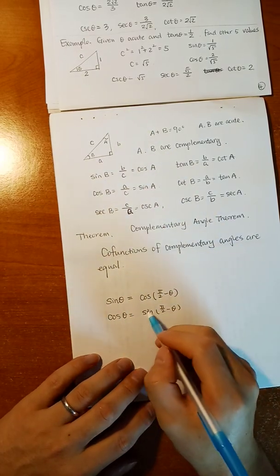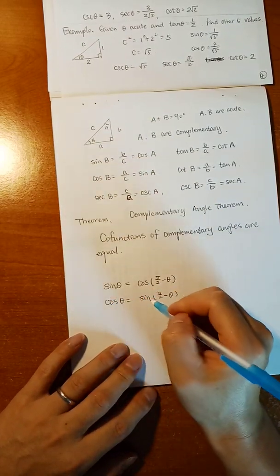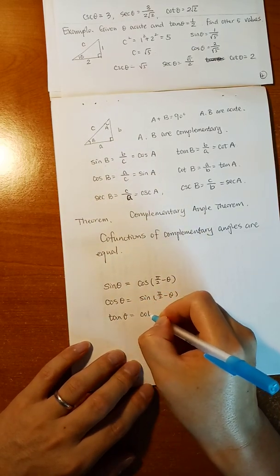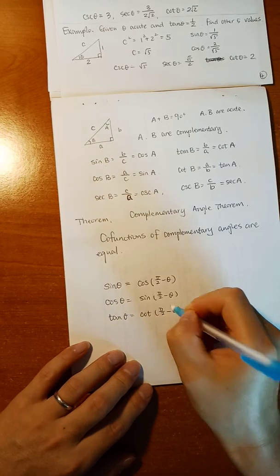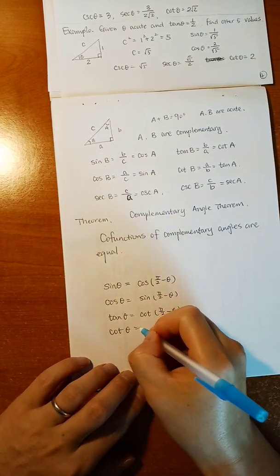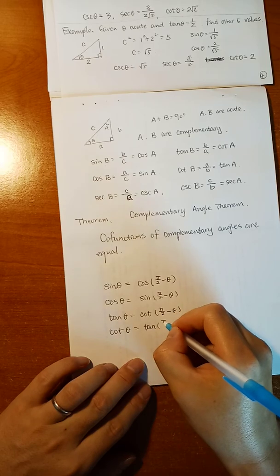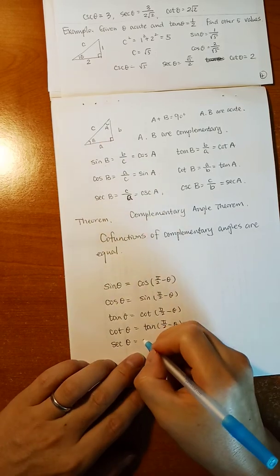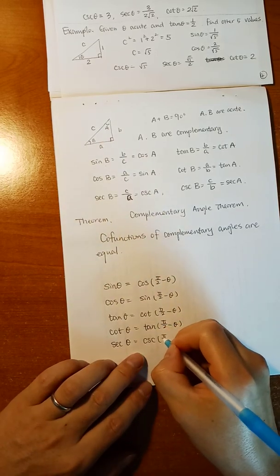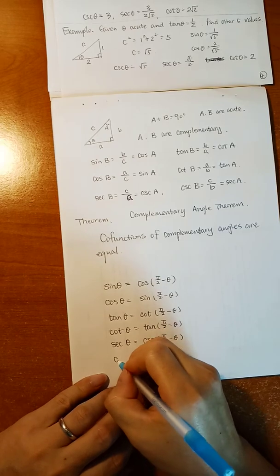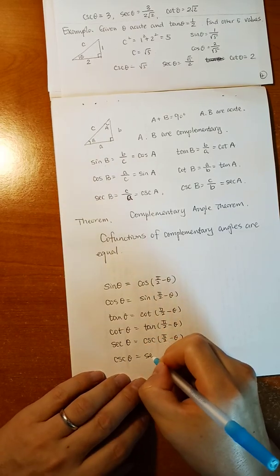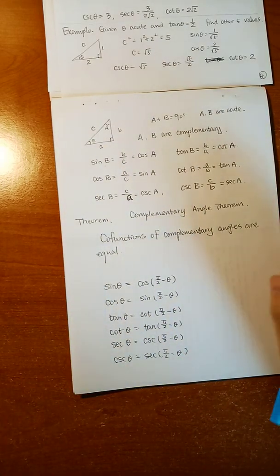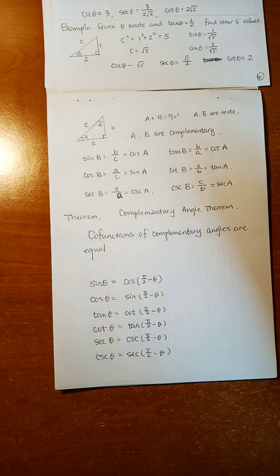Here you have a co, then you have to remove it. If you don't have a co, you put it. So tangent of theta is cotangent of pi over 2 minus theta. Cotangent of theta is tangent of pi over 2 minus theta. And secant of theta is cosecant of pi over 2 minus theta. And the cosecant of theta is secant of pi over 2 minus theta. Just exchange between function and co-function.